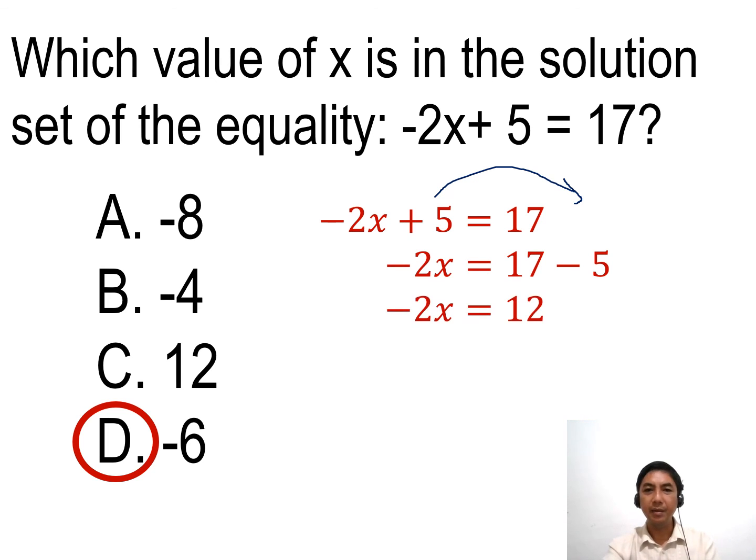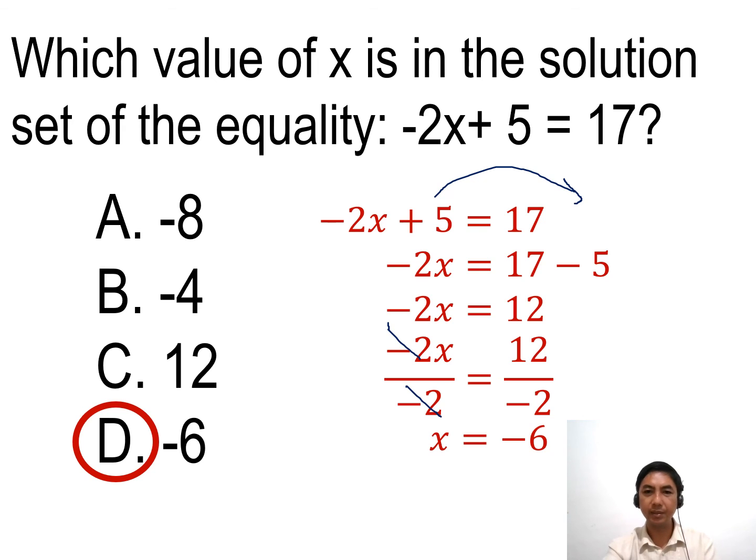Then, negative 2x equals 12 because 17 minus 5 is 12. Divide both sides by negative 2. So, cancel mo yung negative 2. What remains is x equals 12 divided by negative 2 will give you negative 6. That is your final answer.